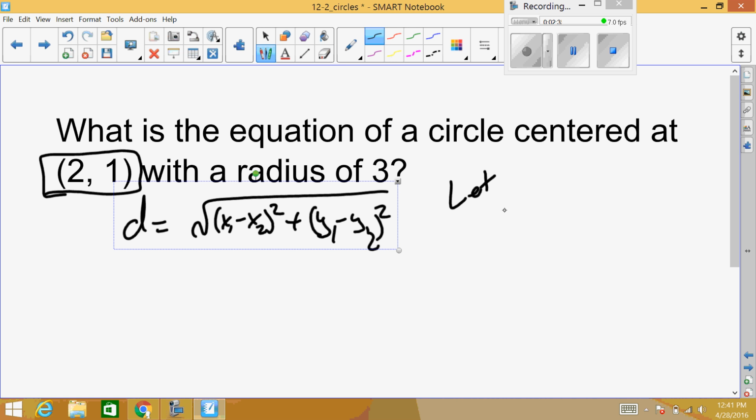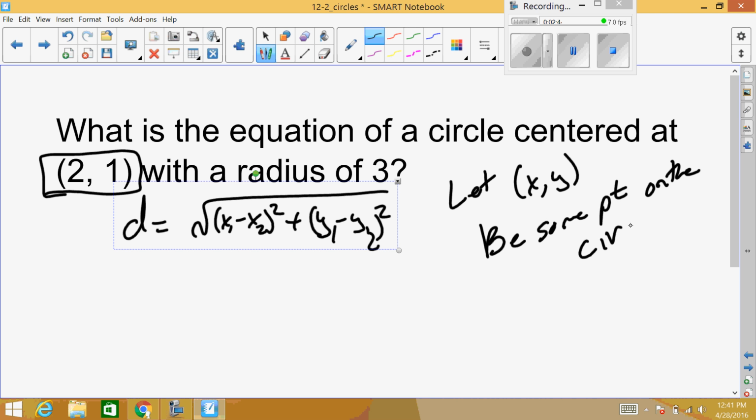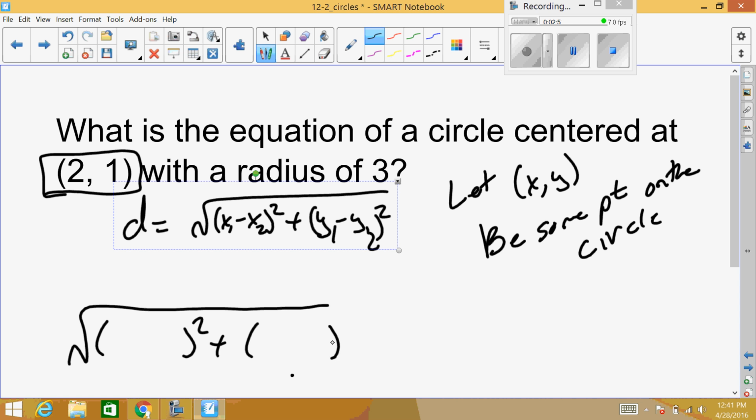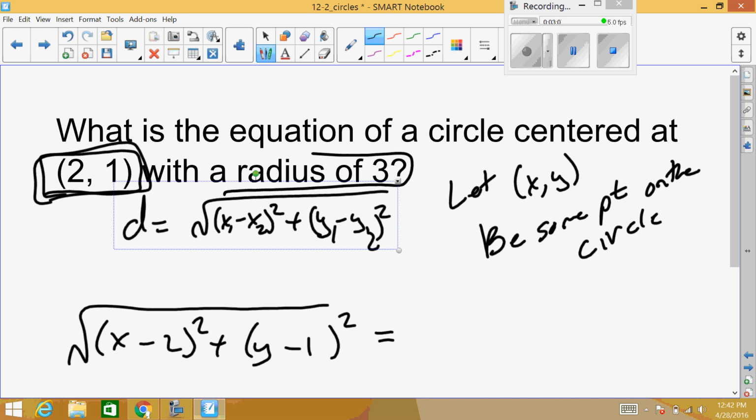So I'm going to let (x, y) be some point on my circle. I want to use my distance formula to find the distance between (x, y) and my center, and that should be equal to the radius.